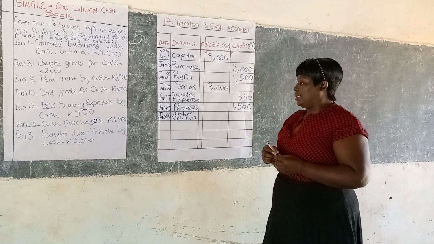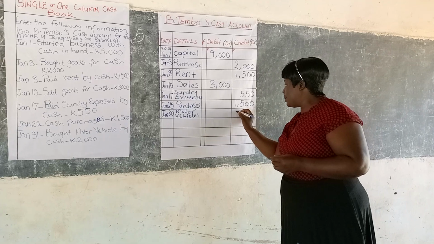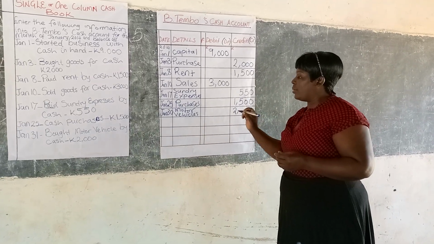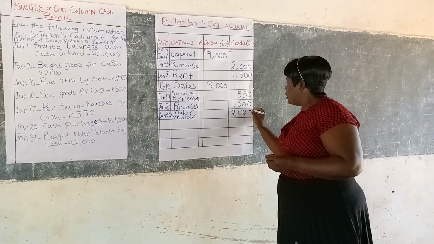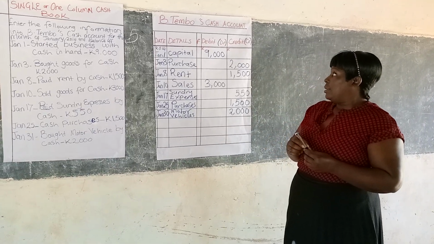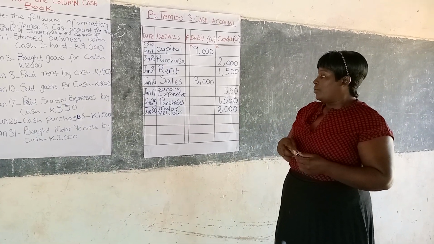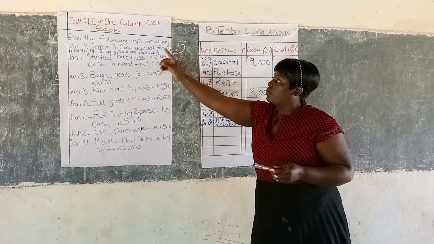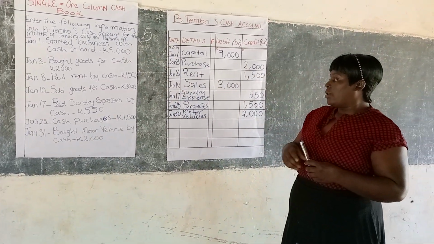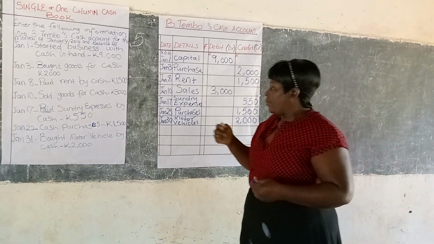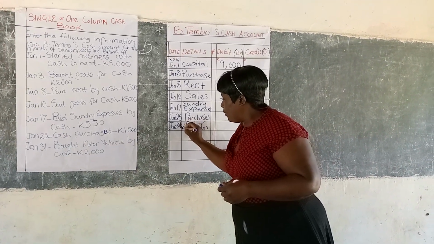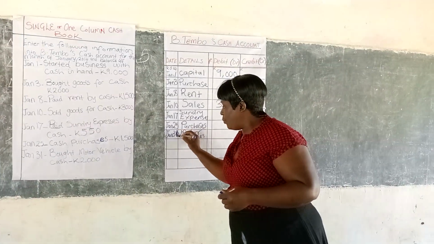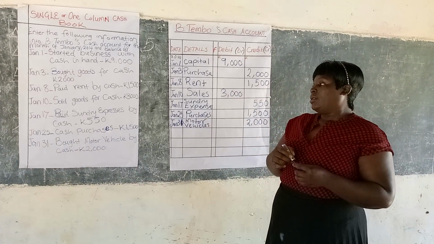So B Tembo spent, so it is going to be recorded on the credit side of the cash account. So we are done. So we've been told that we are supposed to balance off. So what do we do here? I made a mistake. It's January 31st when he bought a motor vehicle.